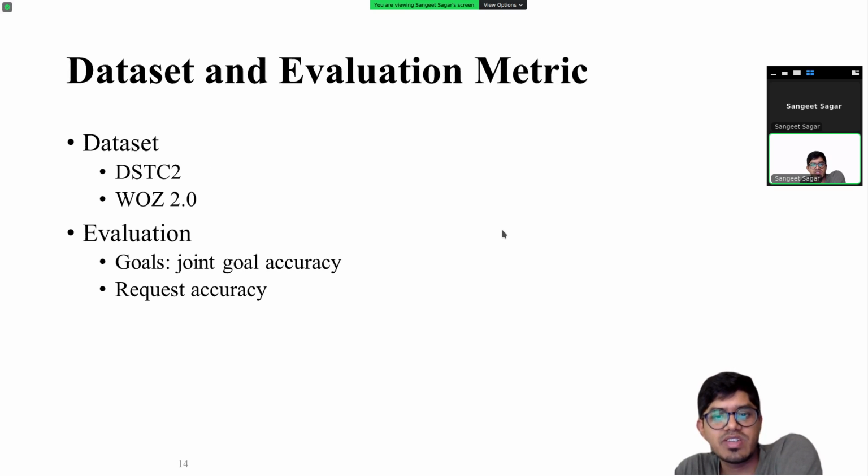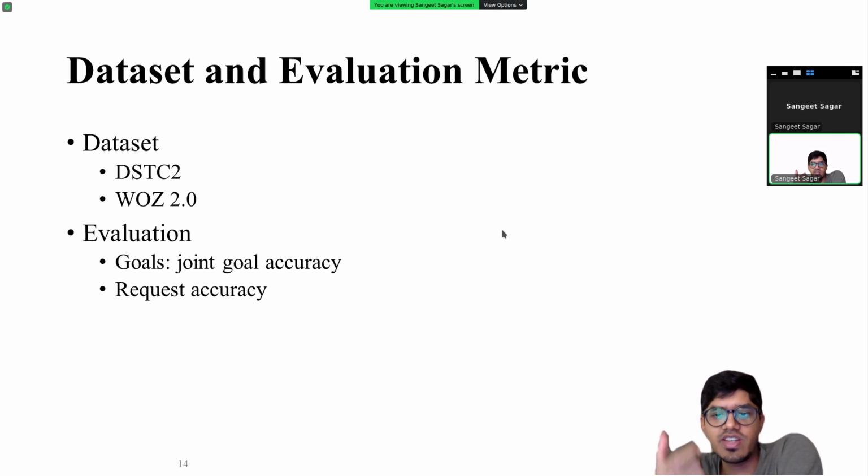So this work uses the DSTC2 dataset and the WOZ 2.0 dataset, with around 3,000 and 1,200 total dialogues respectively. And these are single-domain restaurant datasets, each having only three slots: food, area, and price. The performance of the proposed model, for our main paper and the secondary paper as well, is measured by joint goal accuracy and request accuracy.